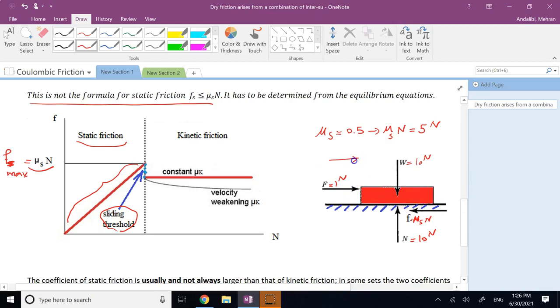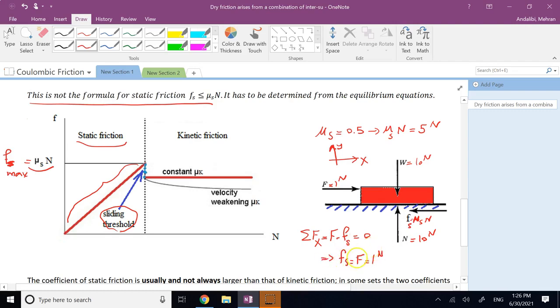So if I call this direction x and this direction y, then I need to find the friction by saying sum of the forces in the x direction, which is F minus F static, is equal to 0. And from here your F static is going to be equal to the pushing force, and it is going to be 1 Newton.